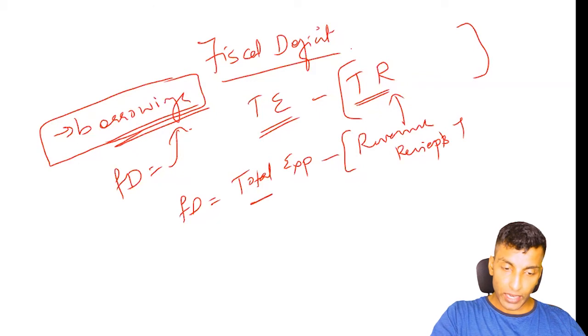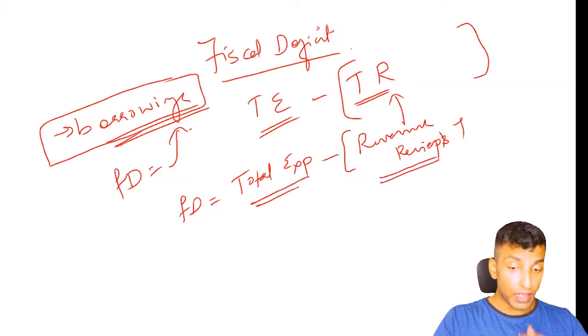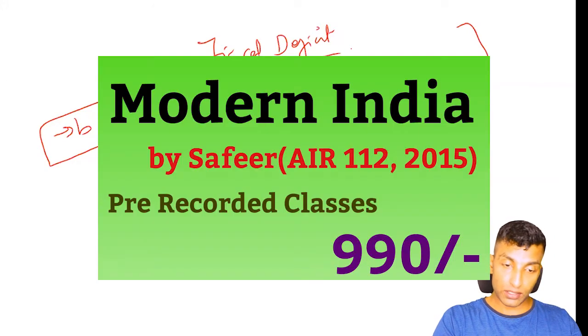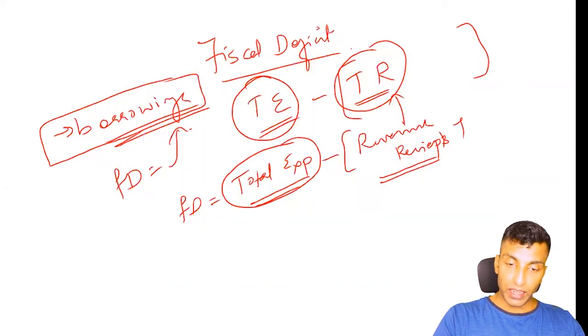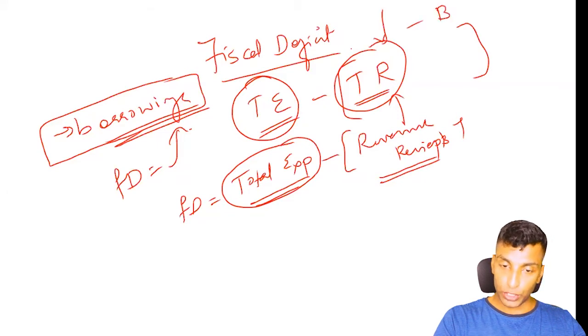So can I say total expenditure minus entire revenue receipts will come? Now, from total expenditure minus total receipts except borrowing, total expenditure is done. Now I need to talk about total receipts minus borrowing. Total receipts means revenue receipts plus capital receipts, right?